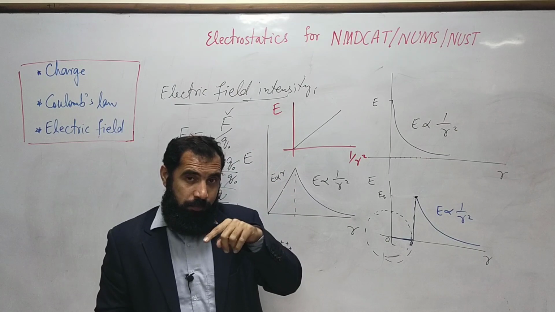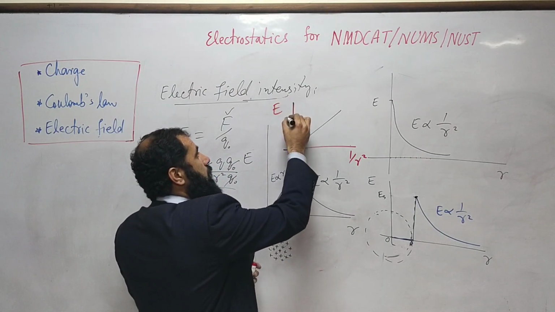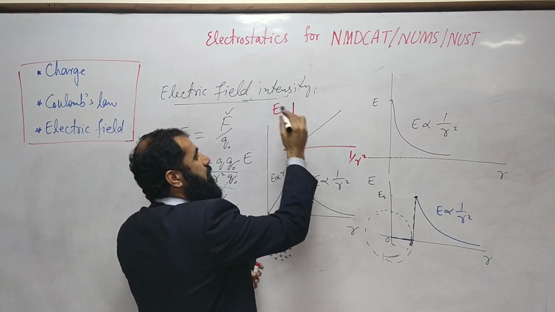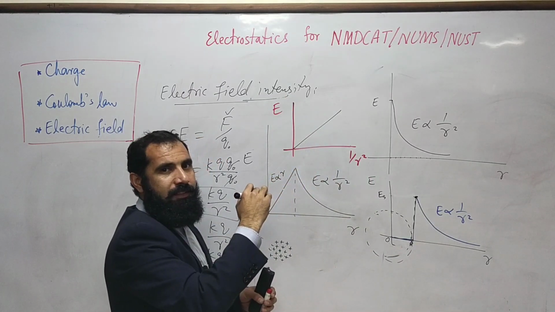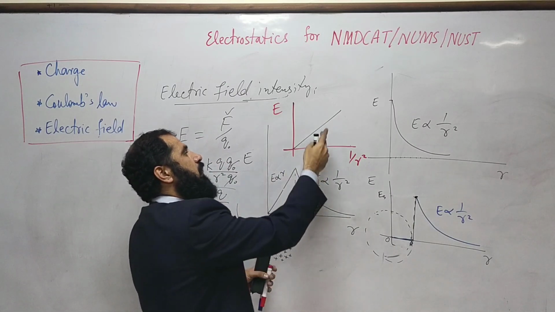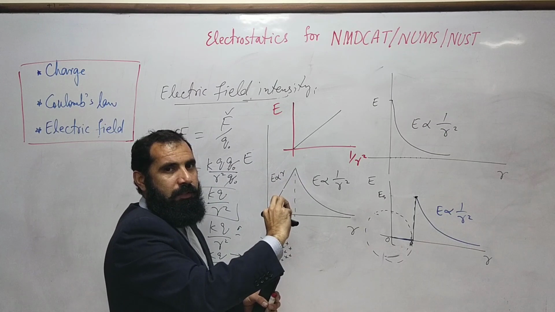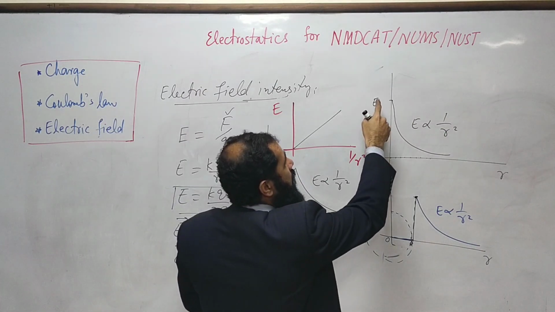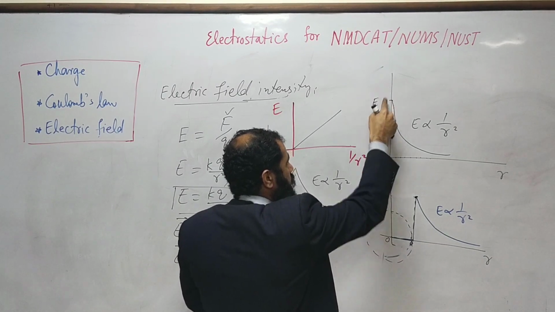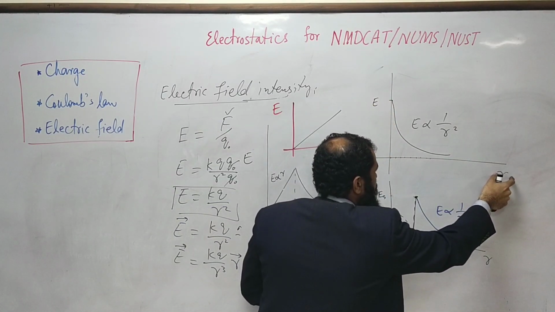So for slope, you just divide the unit of the vertical axis by the unit of the horizontal axis, and you get the units of slope or the dimensions of slope. And for area, you just multiply the dimensions of the vertical axis and the dimensions of the horizontal axis.